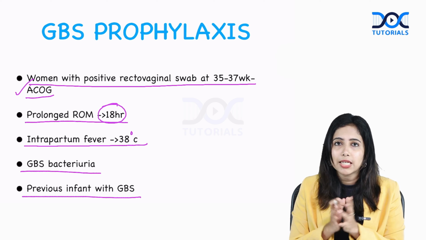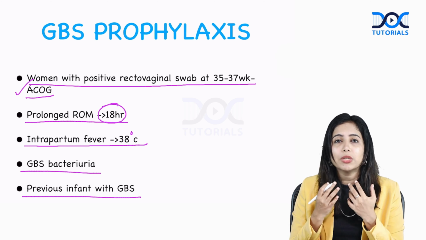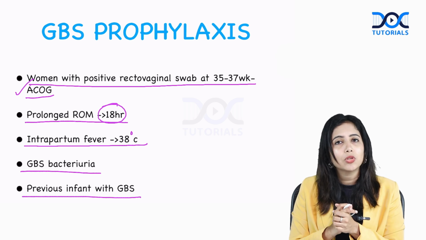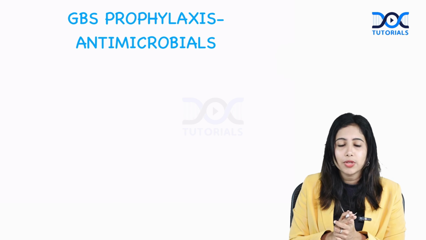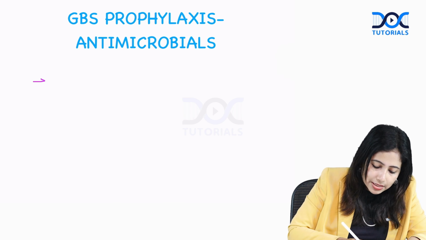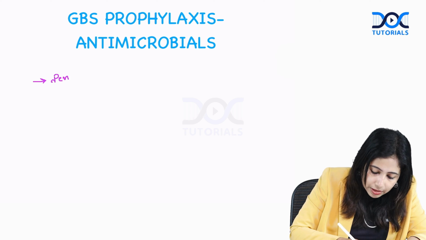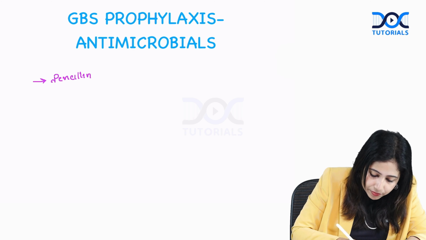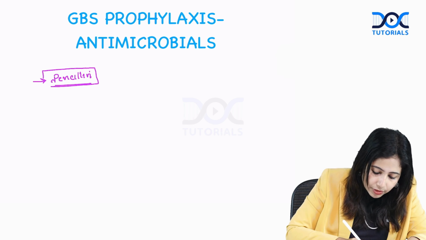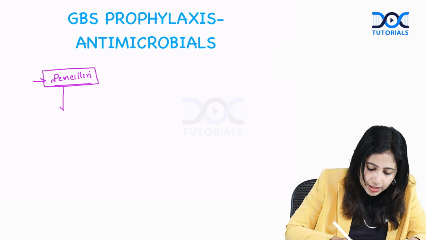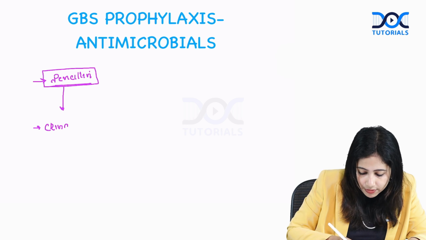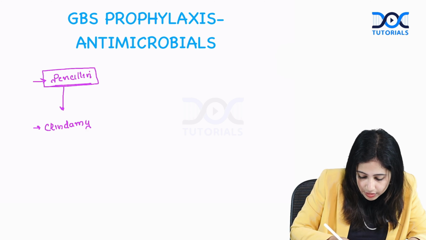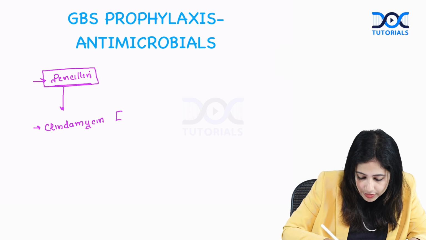So in all these scenarios where there is high risk of group B streptococcal infection, you are going to give this GBS prophylaxis. The drug that you give for GBS prophylaxis is penicillin. If the patient has allergy to penicillin, then you shift to clindamycin.